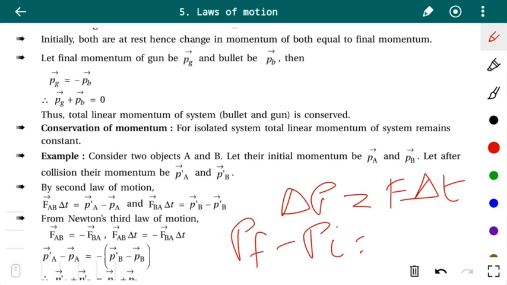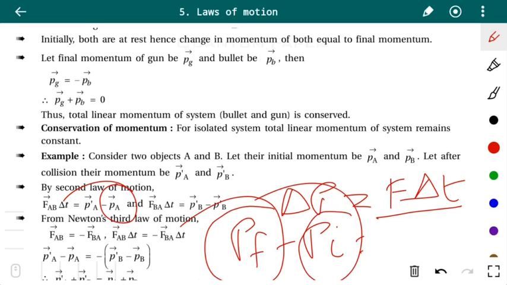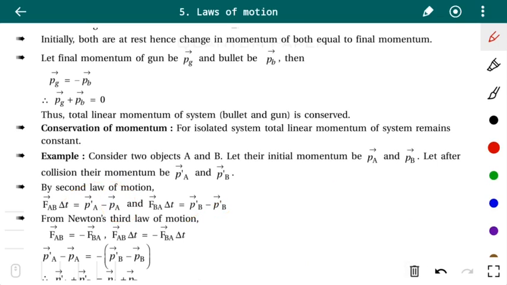So for object A, FAB delta t equals the final momentum of object A minus the initial momentum of object A, that is PA dash minus PA. For object B, FBA delta t equals PB dash minus PB, where PB is the initial momentum of object B.